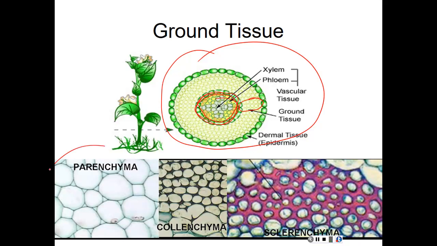So parenchyma cells are these thin-walled cells that typically have large central vacuoles. I can't spell today.